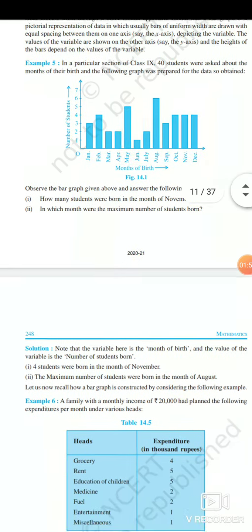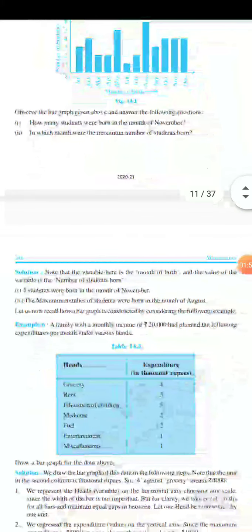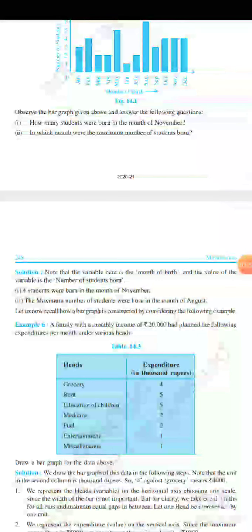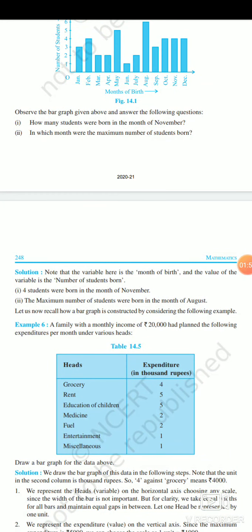So that is the solution. Note that the variable here is the month of birth and the value of the variable is the number of students born. So 4 students were born in the month of November, and the maximum number of students were born in the month of August. This is the answer for this question.